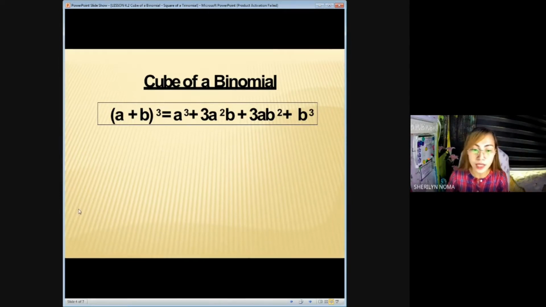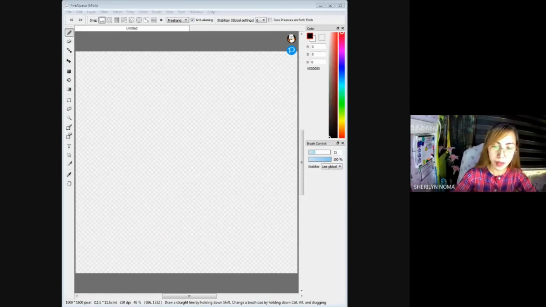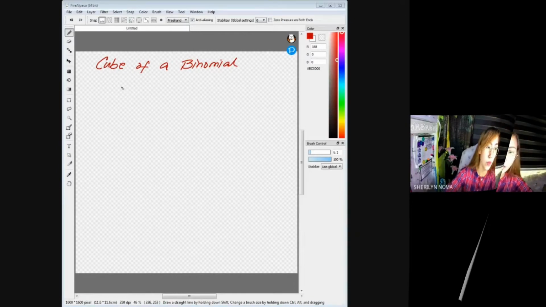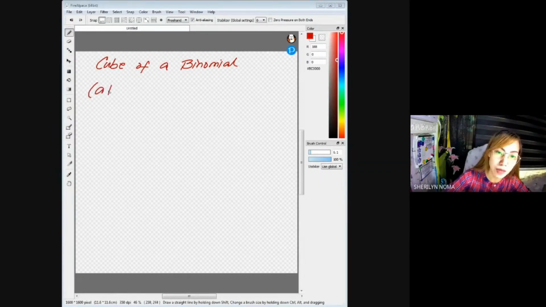So, now, let us have an example. First example, cube of binomial muna tayo. Okay, so cube of a binomial. Okay. So, again, the formula, a plus b cube.